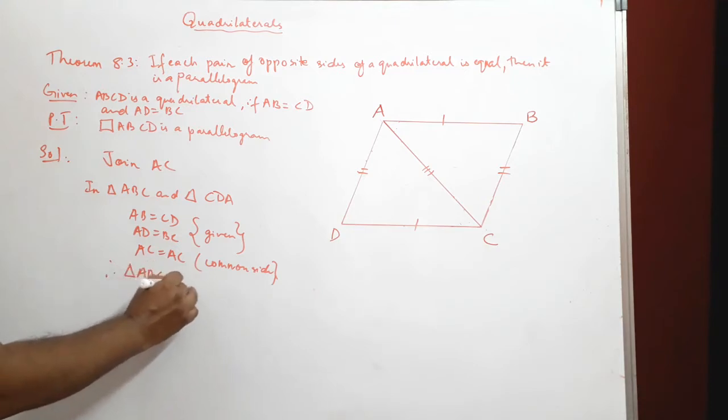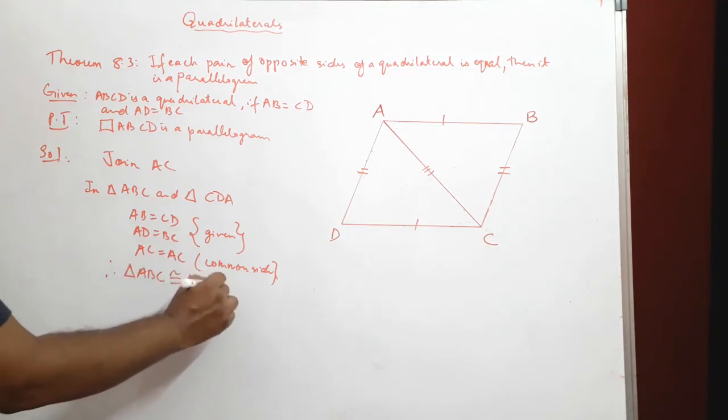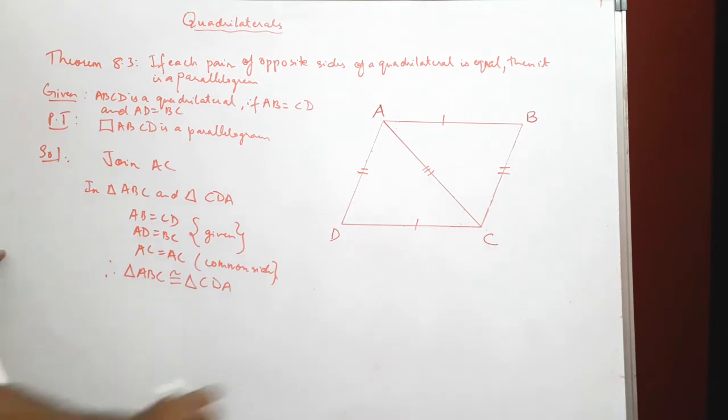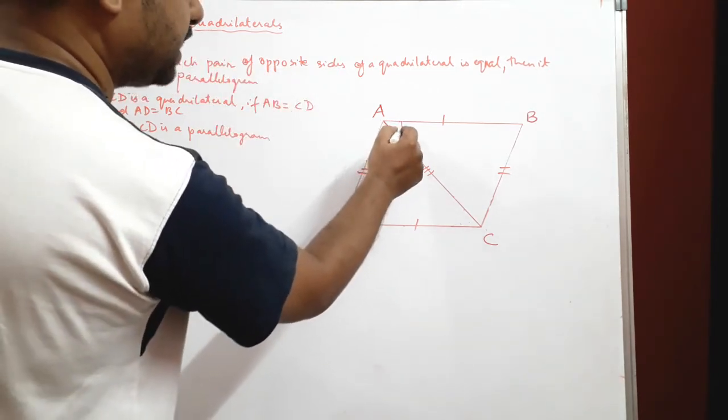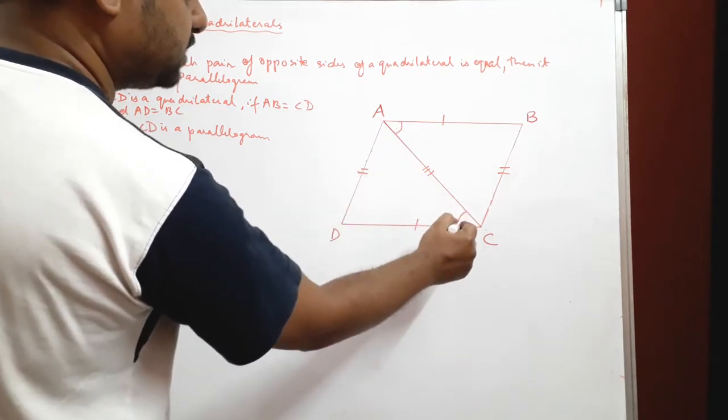Triangle ABC is congruent to triangle CDA, and because they are congruent to each other, we can say that this angle is equal to this angle.